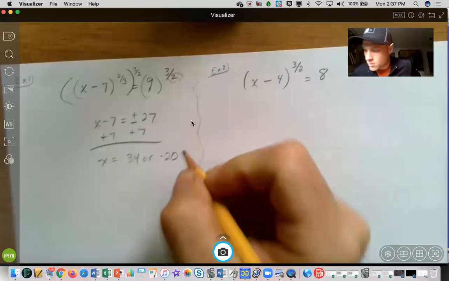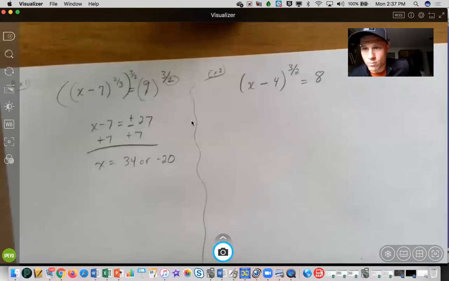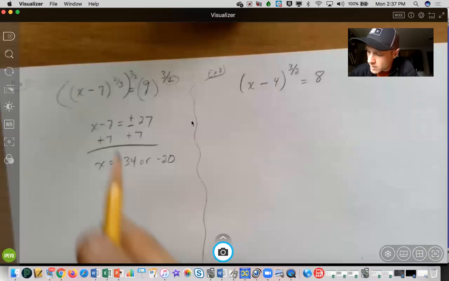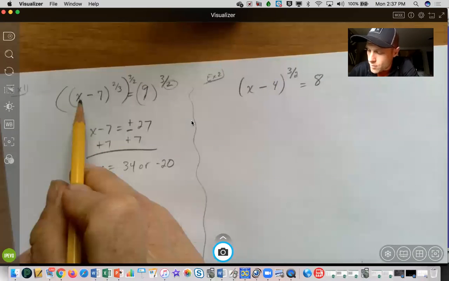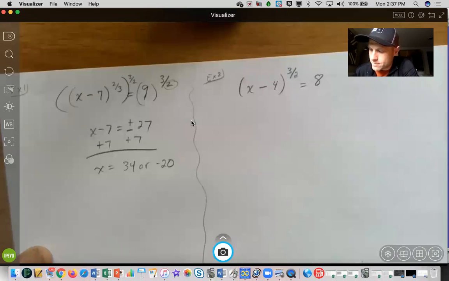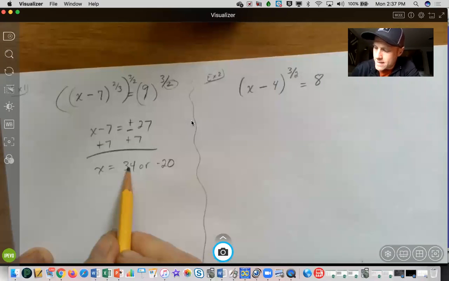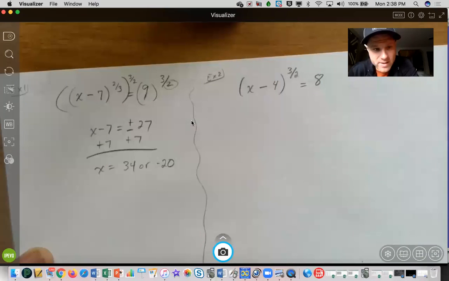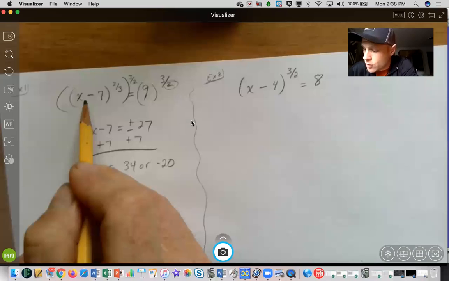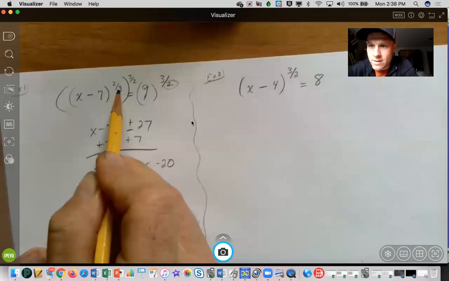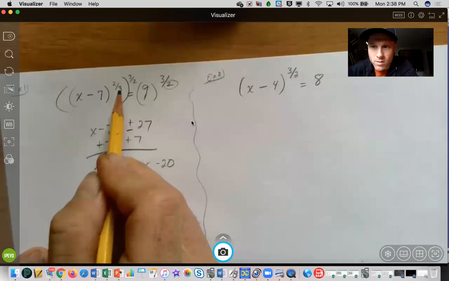Now, we're still not out of the woods yet, because we got to make sure that both of these work, or maybe only one, or maybe none. So let's plug it back in. 34 minus 7. Well, that's 27, right? The cube root of 27, since I'm doing the root, would be 3.